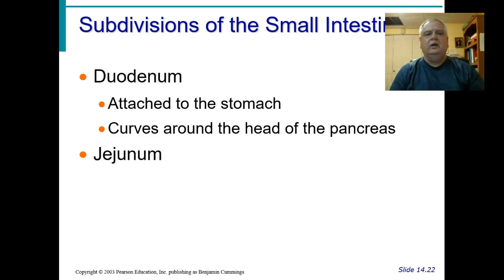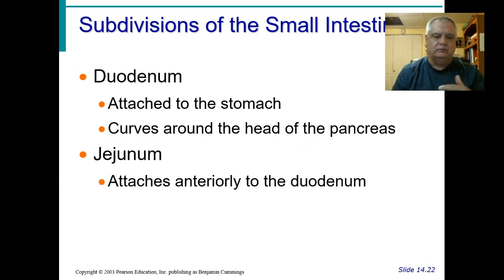Now, this is an indistinct subdivision. It's no place where you look at the small intestine and go, oh, I can see the duodenum ends here and the jejunum begins here. There's no landmark to look for. It's just generally where gradually the function of the small intestine changes. But the duodenum then, we might say, becomes the jejunum.